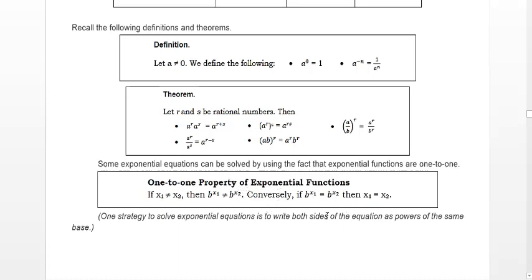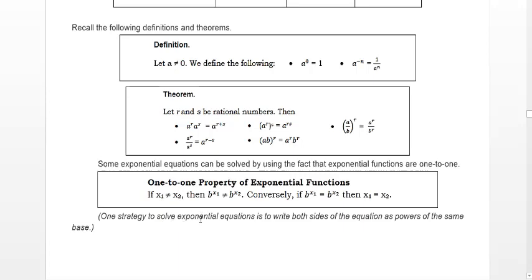Conversely, if b to the power of x sub 1 is equal to b raised to x sub 2, then x sub 1 is equal to x sub 2. So, this is really helpful, guys, because it will really help you in solving equations and inequalities. So, there is a strategy here.